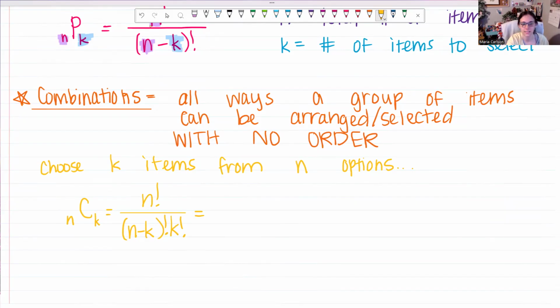Another way you might see this is still n factorial in the numerator, and then in the denominator, k factorial times n minus k factorial.